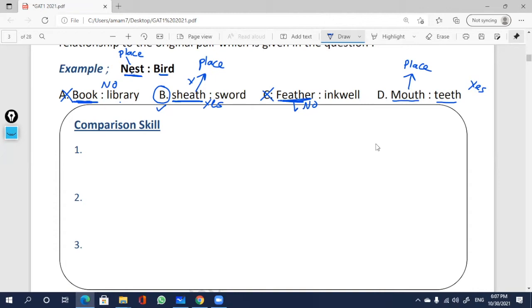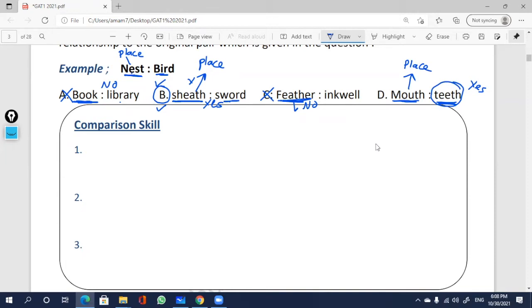So we have something similar here. Whereas here, teeth, we can take them out of our mouth and then put them in again. Okay, so this is the best answer because we have some similarities here. Also, bird is singular, sword is singular, whereas teeth is plural.